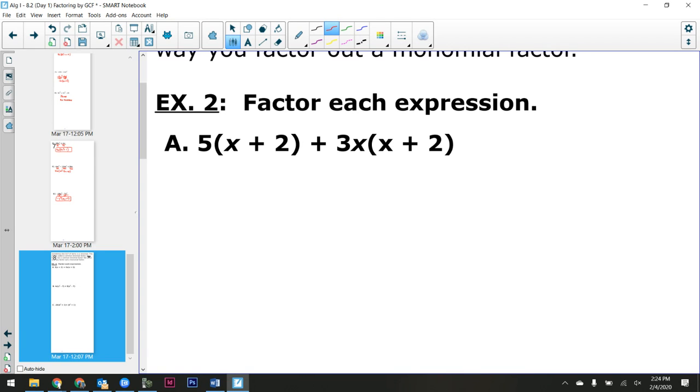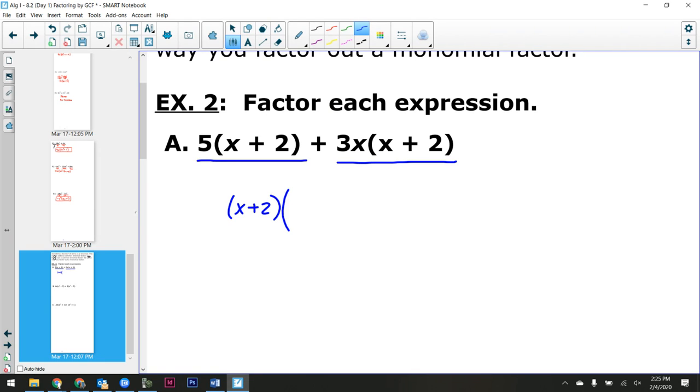Guys, eyes up on the board real quick. Take a look here and here. What do those two blue underlined pieces have in common? They both contain an x plus 2. So what's my GCF of those two big underlined pieces? X plus 2. So what do we do with my GCF? We write it on the outside.